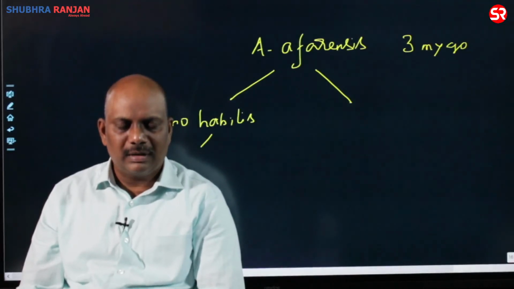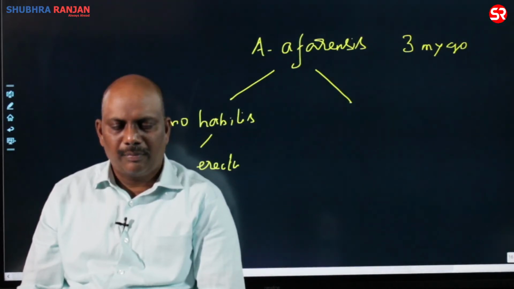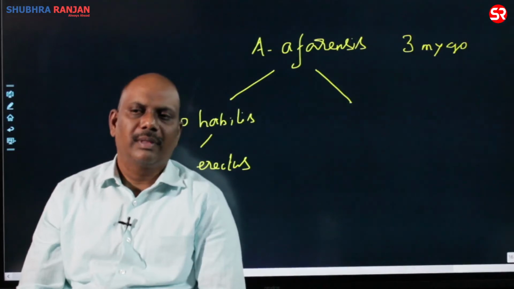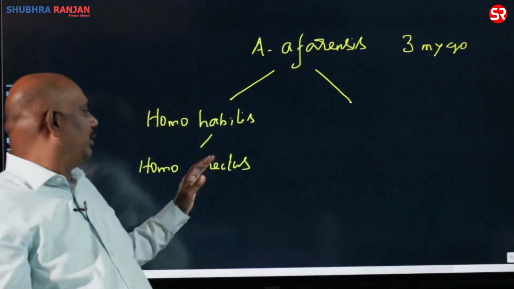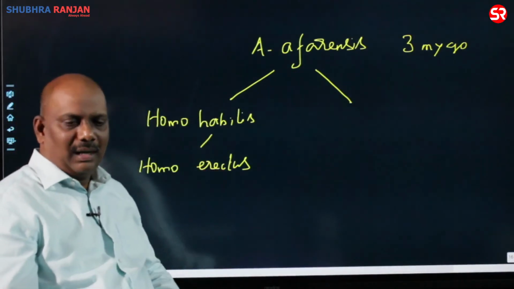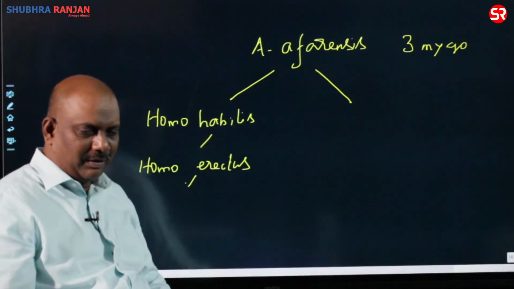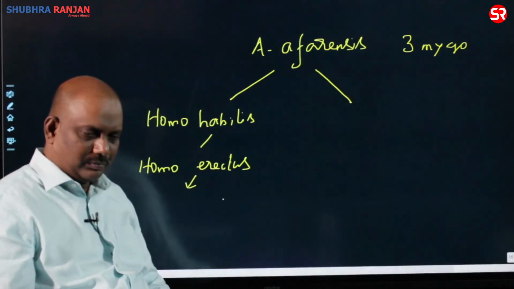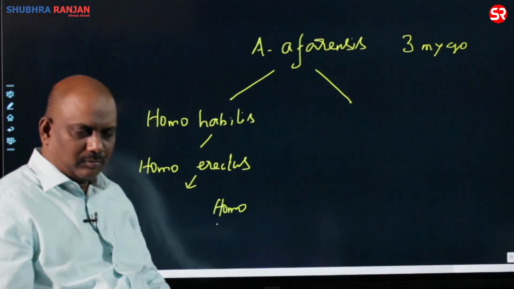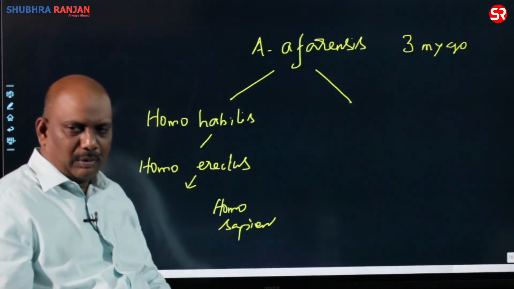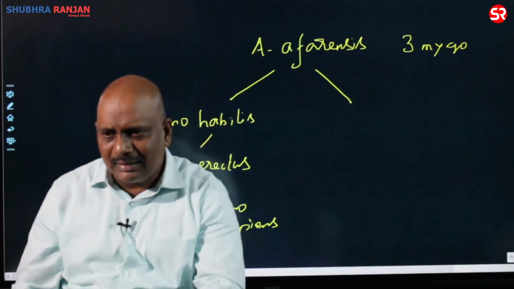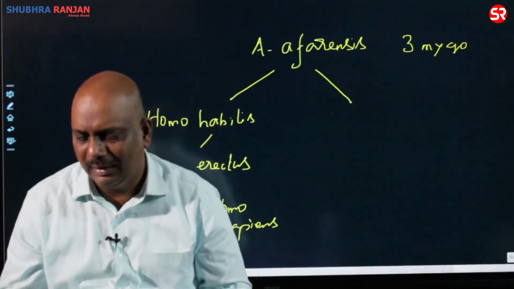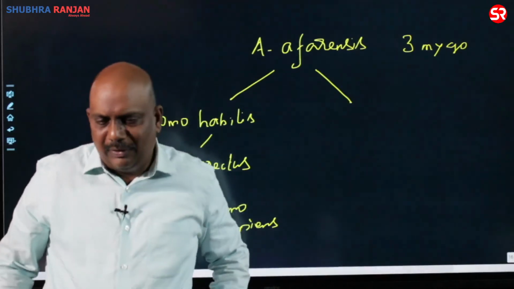The Homo habilis further evolved into Homo erectus, and the Homo erectus further evolved into Homo sapiens. That is this line. On the other side, you can note it down in the space which I have given you.